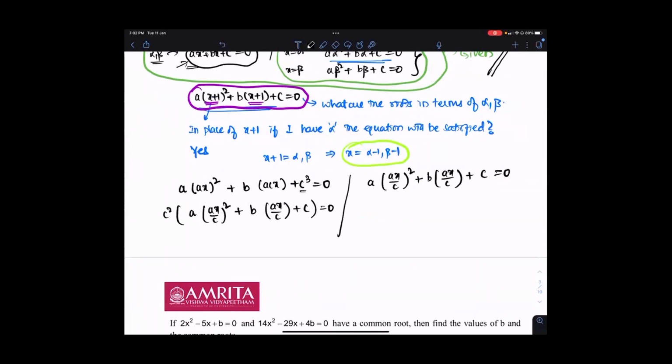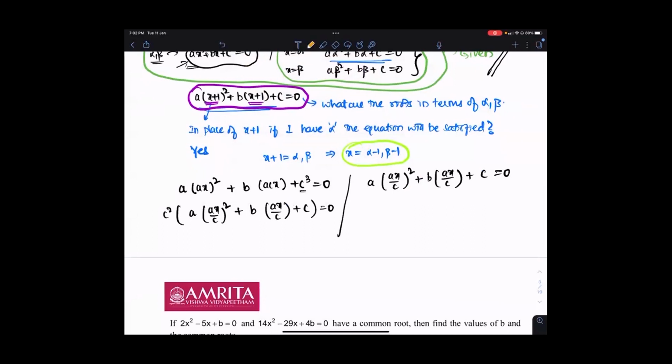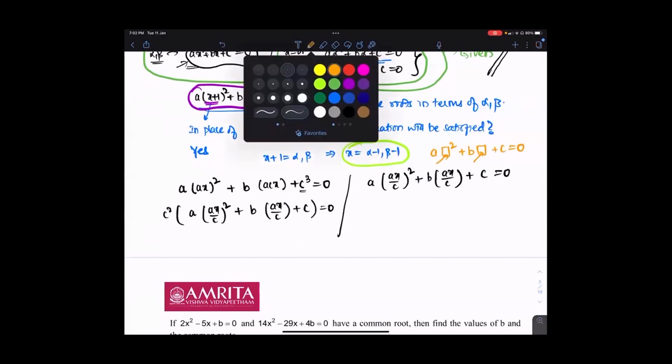Now does this look like a times something square plus b times the same something, plus c equal to 0? In place of this something, whatever box is there, if I put alpha or beta, the equation will be satisfied because that is given.